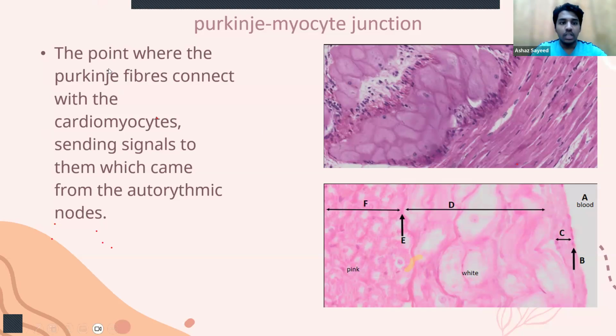It's where the Purkinje fibers connect with the cardiomyocyte and send signals to them, which come from the autorhythmic nodes, being your SA node, sinoatrial node, and your AV node. Signals from there are conducted into the Purkinje fibers, and the Purkinje fibers, via the Purkinje myocyte junction, transfer this action potential into the cardiomyocytes for them to contract. Got it?